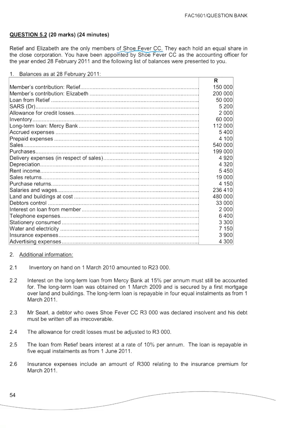Then we come to the issue of the required. What they want is that they want you to prepare the statement of profit or loss and other comprehensive income for the year ended 28 February 2011 in respect of Shoe Fever CC to comply with the requirements of the provisions of the Close Corporations Act number 69 of 1984 and the requirements of IFRS, obviously.